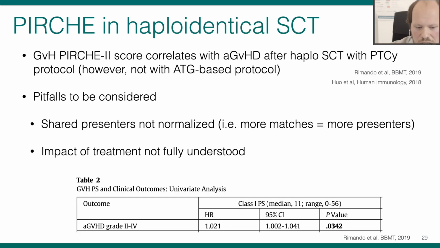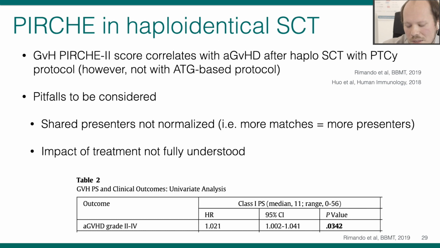So the next question that usually comes up is, but what about haplo? So with haplo, it's a bit more complicated and a work in progress situation, I guess. So there is a publication from the US from last year where we see a correlation of the Perch score with GVHD after a haplo stem cell transplantation with a post-transplant cyclophosphamide protocol.